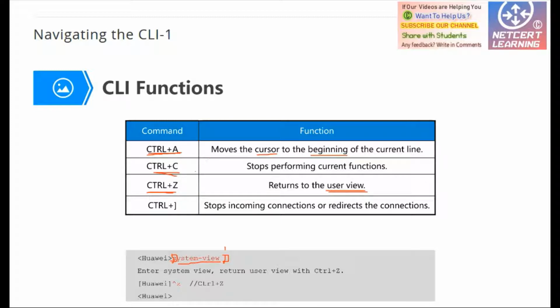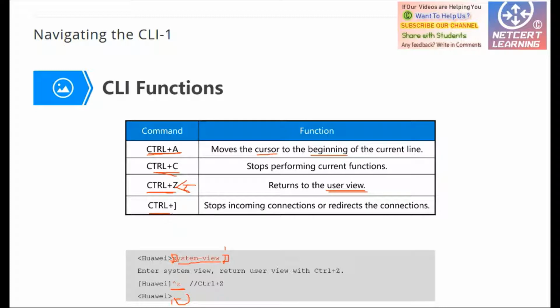Using Control Z. If you type Control Z, then the system in any mode, in the system view or the interface view or the protocol view, will turn back to the user view.